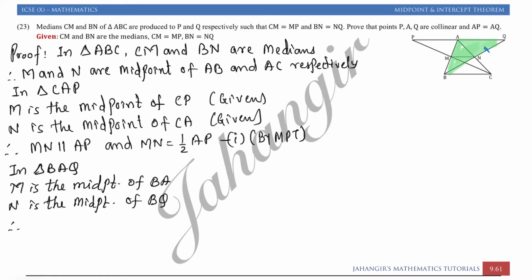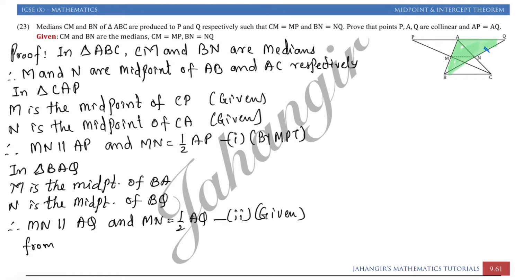So therefore MN is parallel to AQ and MN is equal to half AQ. This is again second part, or here also I can say given. So from 1 and 2, what we will get?